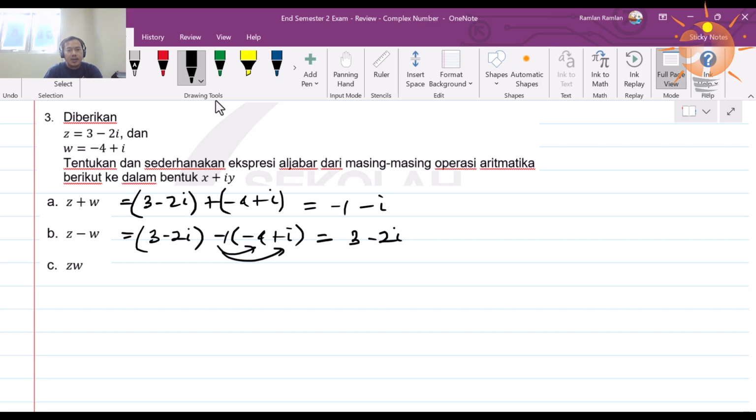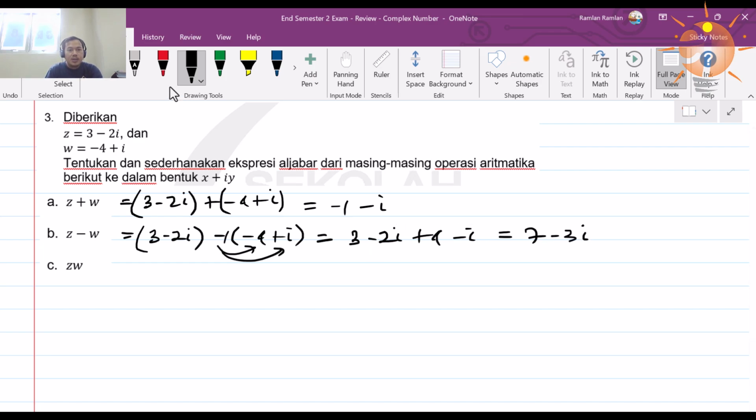And then negative 1 times negative 4 is plus 4. And then negative 1 times i will be negative i. And the same thing like we did before, 3 plus 4 equals 7. And then negative 2i minus i will be negative 3i.